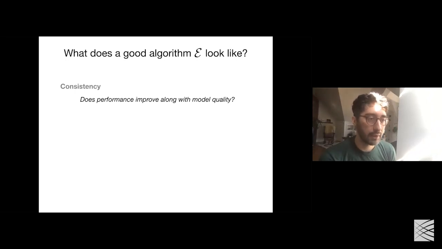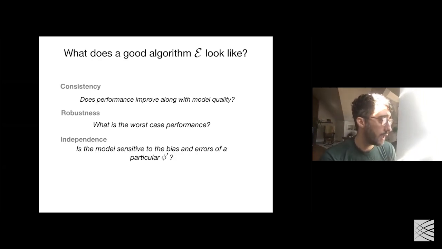So the answers that your algorithm finds, how do they relate to the quality of the model? If the model becomes closer to the ground truth, can your algorithm make use of that information that the model has about the ground truth? The flip side of it is if the model is completely bad, it's not doing anything, is your algorithm robust at all? Would you be completely bust, or do you still perform somewhat? And so that's associated with robustness.